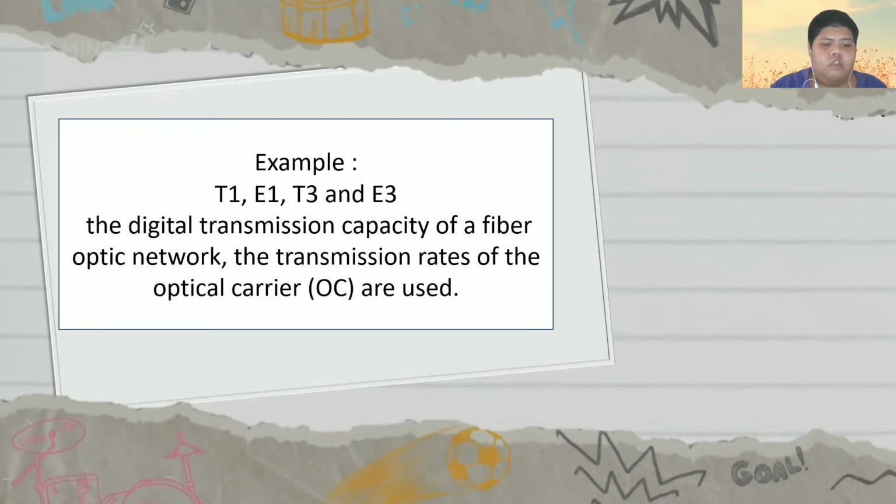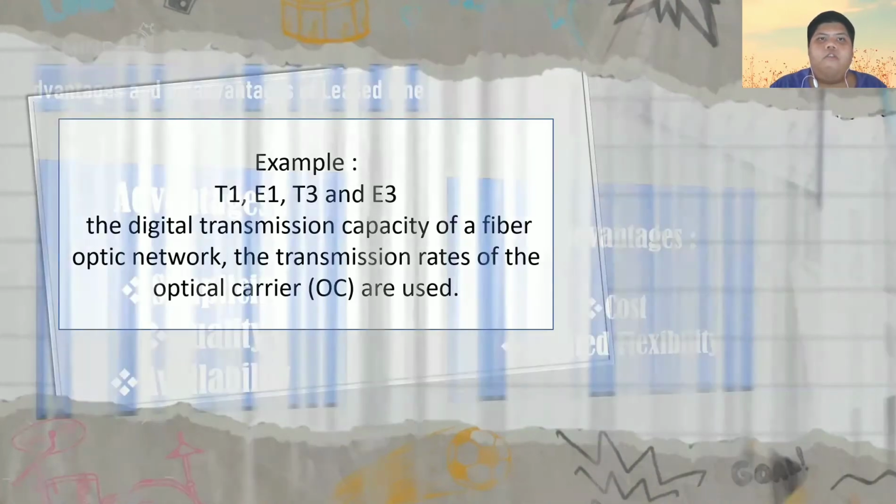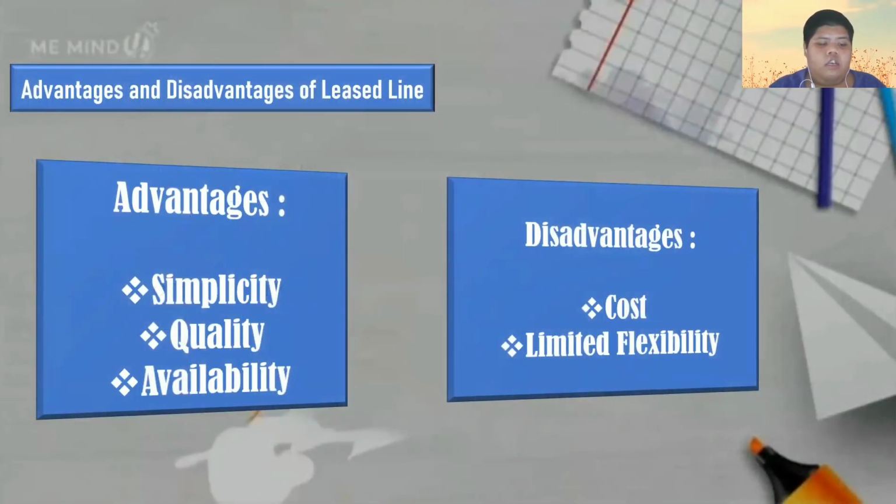To define the digital transmission capacity of a fiber optic network, the transmission rates of the optical carrier, OC, are used. In leased lines, we have advantages and disadvantages. First, the advantages: simplicity, quality, and availability.